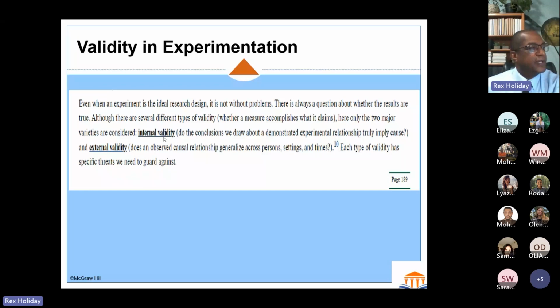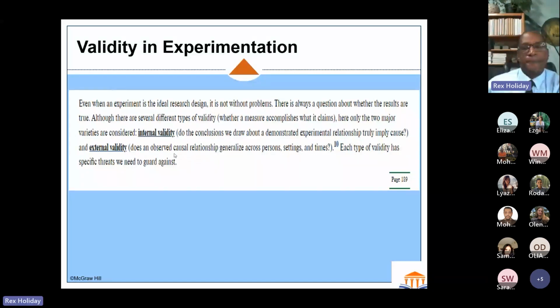Internal validity: do the conclusions we draw about a demonstrated experimental relationship truly imply cause? And external: does an observed causal relationship generalize across persons, settings, and times? So each type of validity has specific threats we need to guard against.